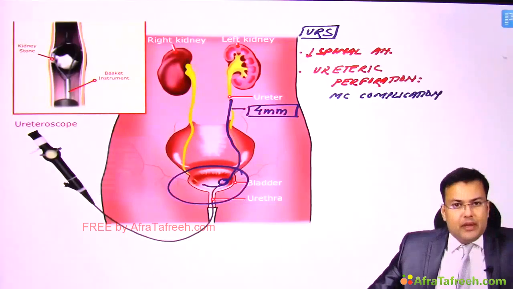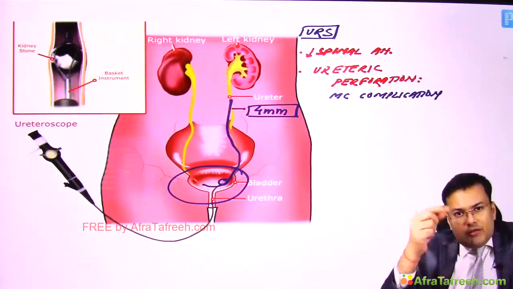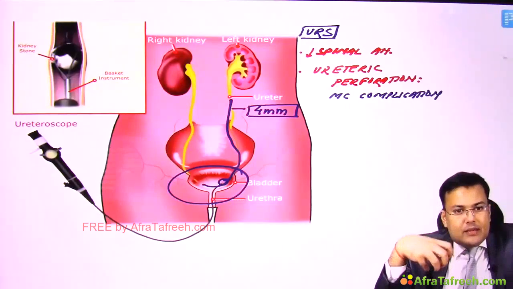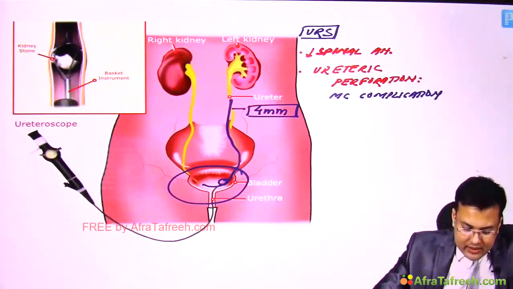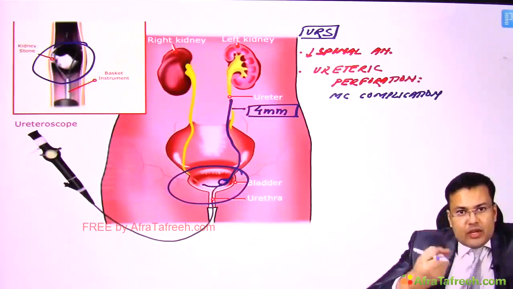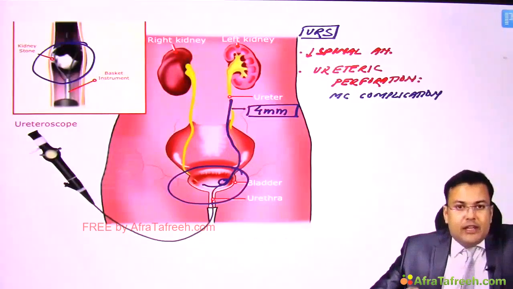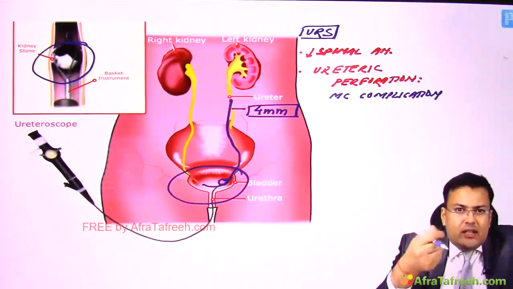Okay, simple. Now, what you can do with the help of this ureteroscope? Imagine you can visualize the ureter. If there is some kind of foreign body here, you can see there is a stone. So if there is a stone, with the help of Dormia basket, you can remove the stone. You can break the stone, then remove the stone. If there is foreign body, sometimes you have noticed that DJ stent is being inserted.